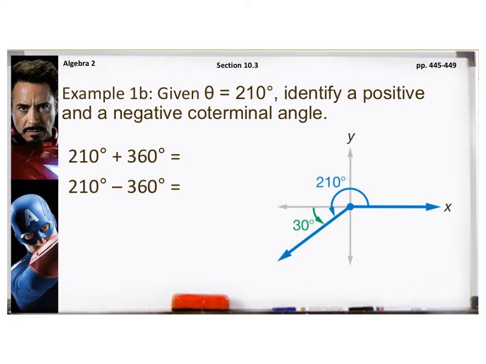Given theta equals 210 degrees, identify a positive and a negative coterminal angle. To be coterminal, for my negative, I subtract 360, and I'd get this angle, which is negative 150.